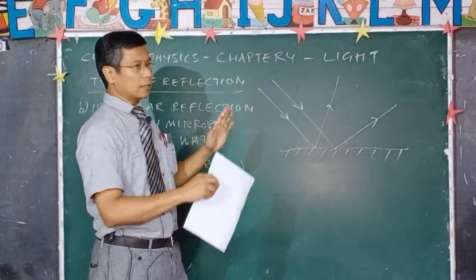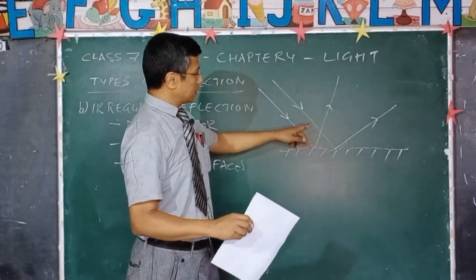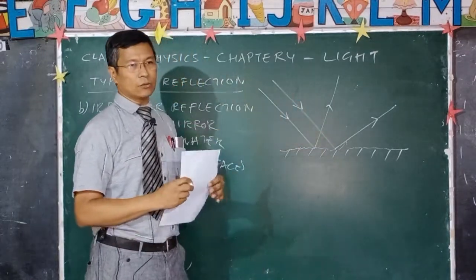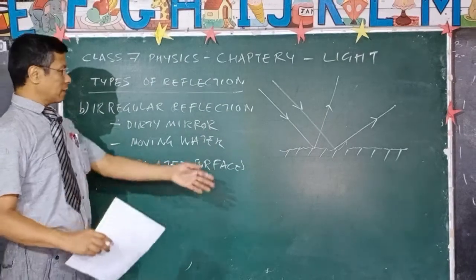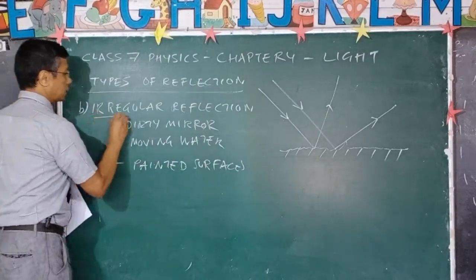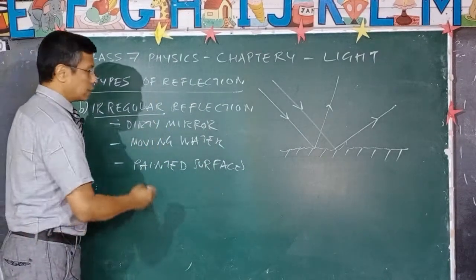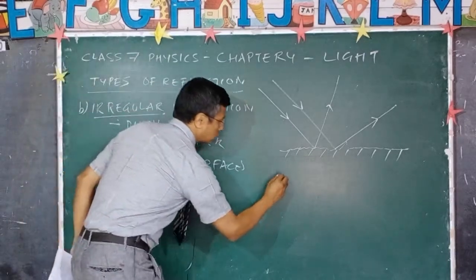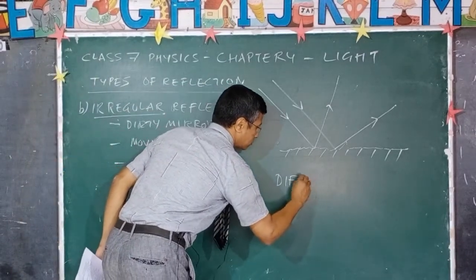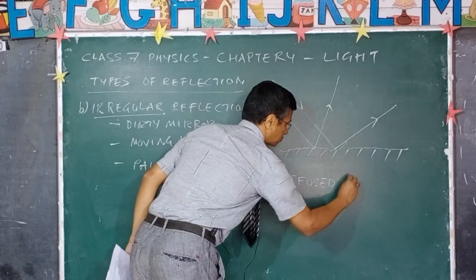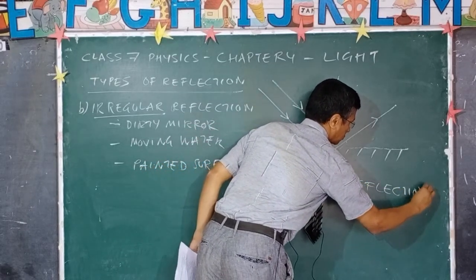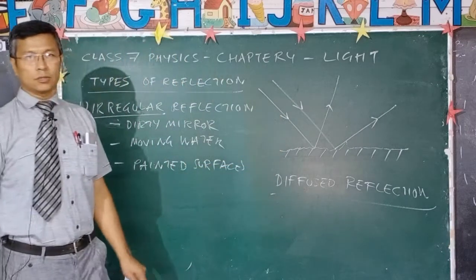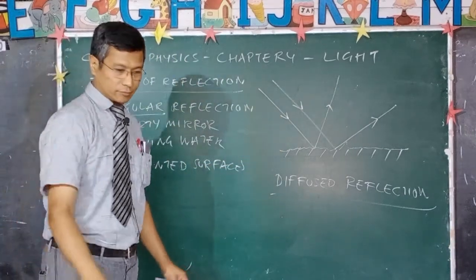They are getting diverged and going in different directions. So if you have a reflection taking place in this manner, it is called an irregular reflection. Irregular reflection is also called diffused reflection.